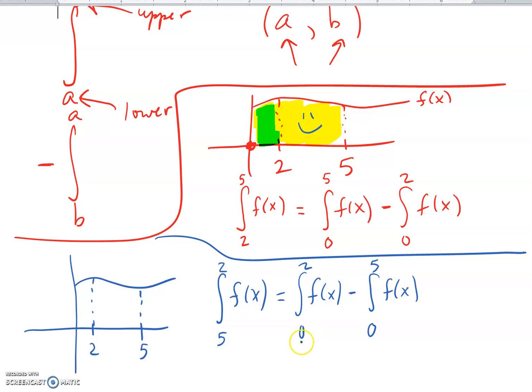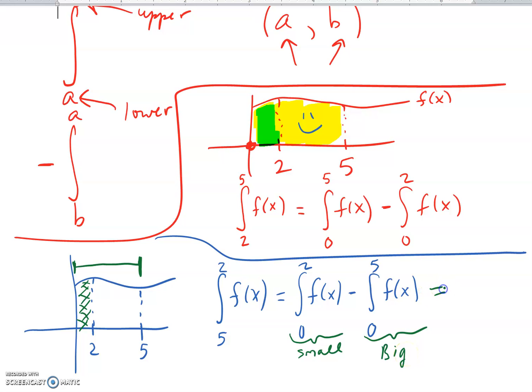So from 0 to 2, this area is just right here. I'm going to call this a small area. And now from 0 to 5, that's going to be all of this area. And this is going to be bigger.